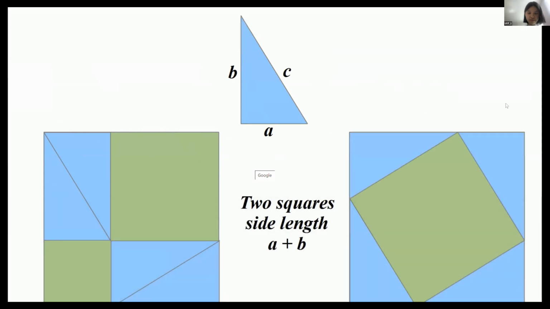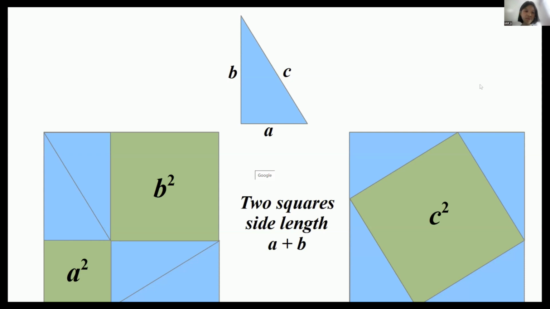What remains in each of the figures is green areas that are squares. For the square on the left, the lower left green area has an area of A squared, and the upper right square has an area of B squared. For the figure on the right, the green square has an area of C squared.